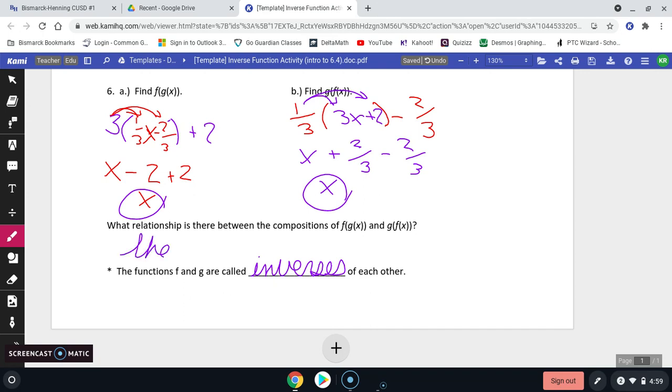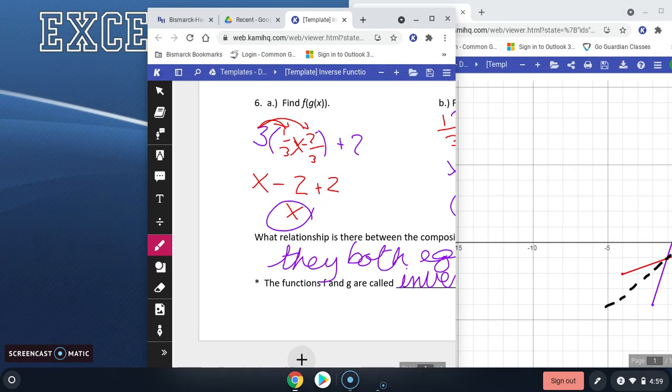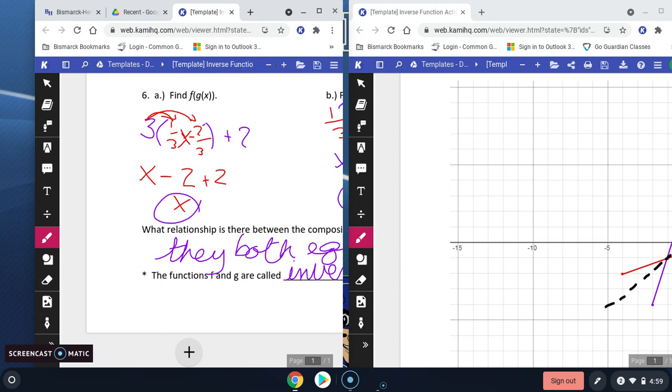Well, they both equal x. Okay, so what I want to kind of summarize for you is I want to look at both of these real quick. Okay, so these graphs are inverses of each other.